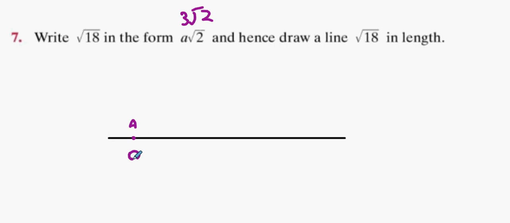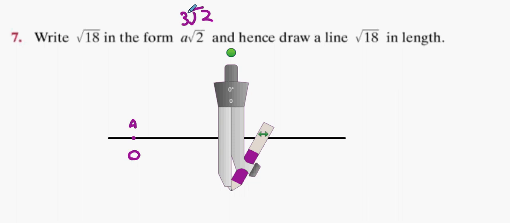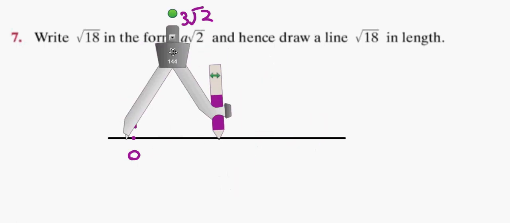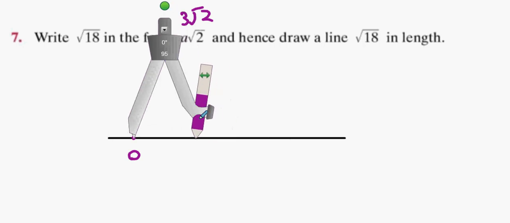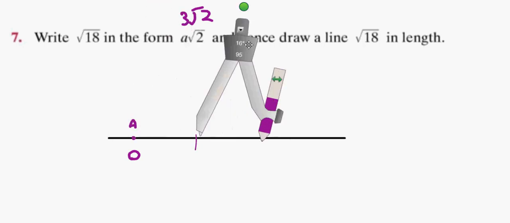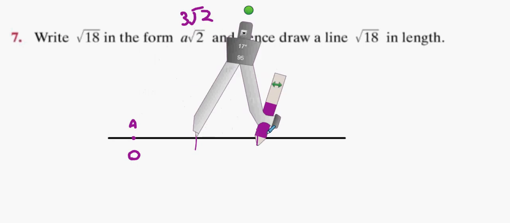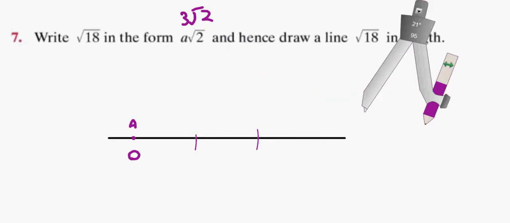You're going to start with 0. Get your compass and pick any length of your choosing. That's 1 and the other one is 2. So B and C, you're 1, you're 2.